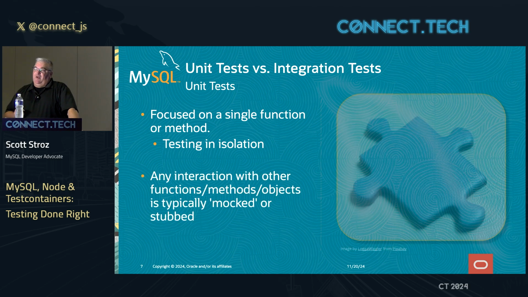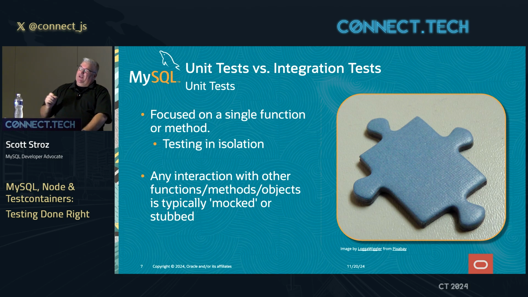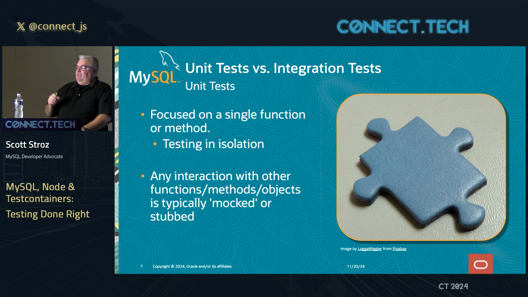When I first started this talk, I was like, I need to come up with a good analogy on the difference between unit tests and integration tests. And I think I came up with a pretty good one. At least the people who have heard this talk before thought it was pretty good. So imagine you work for a jigsaw puzzle company, and you have to have a set of tests that tests each individual piece in a jigsaw puzzle to make sure that it's the right size, shape, that it has the right spokes and cutouts where they're supposed to be.